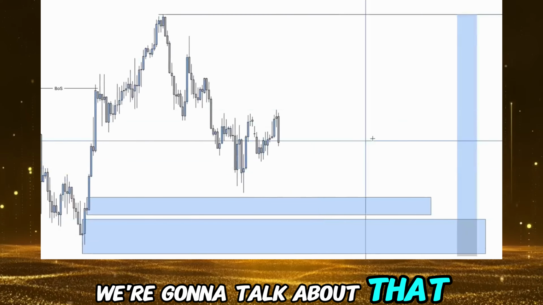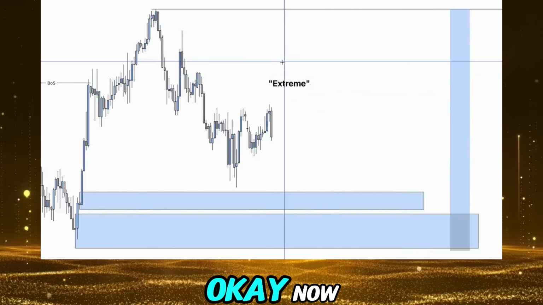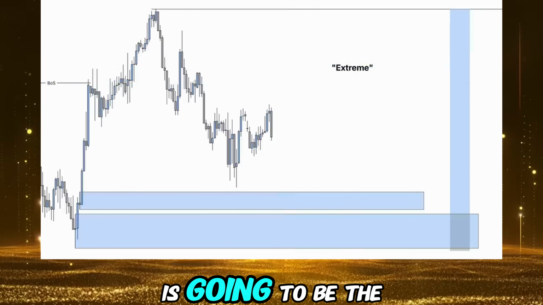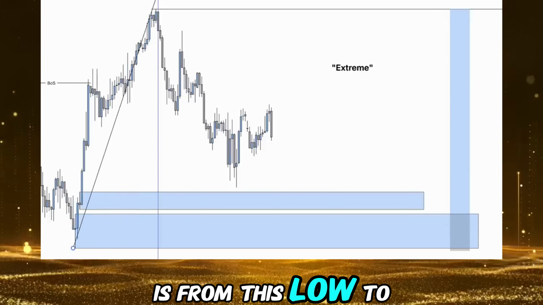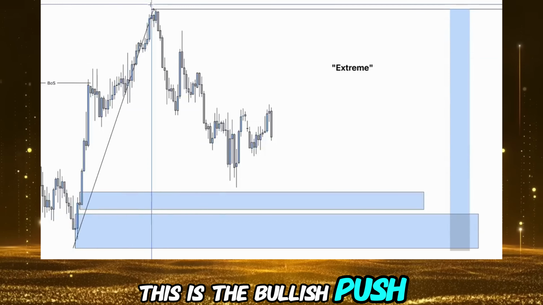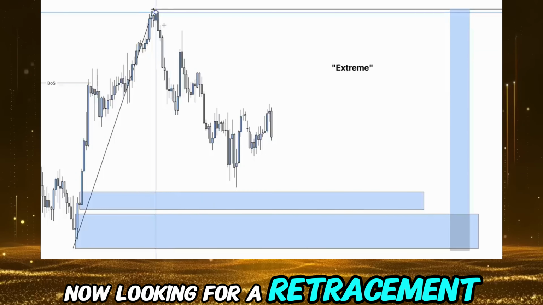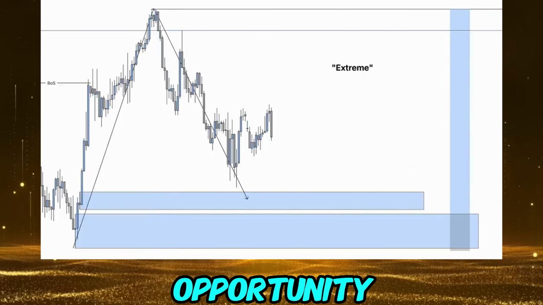The simple way to approach this is to place your order on what we call the extreme zone, okay? Now the extreme zone is going to be the furthest zone from price in the leg of price movement. So our leg of price movement is from this low to this high, okay? This is the bullish push. We're basically now looking for a retracement opportunity to then buy from further.